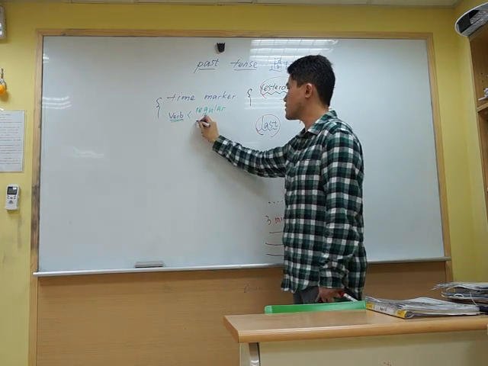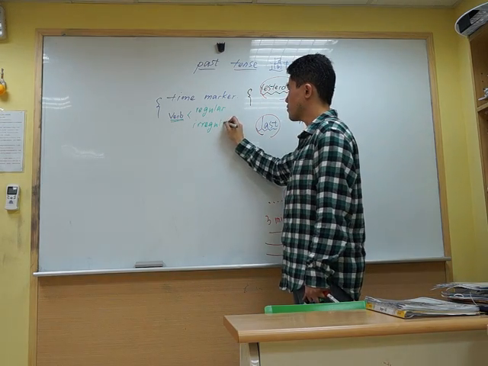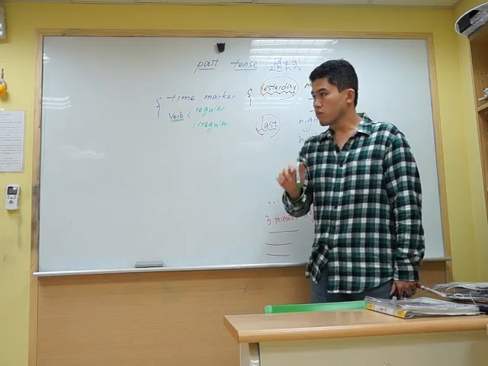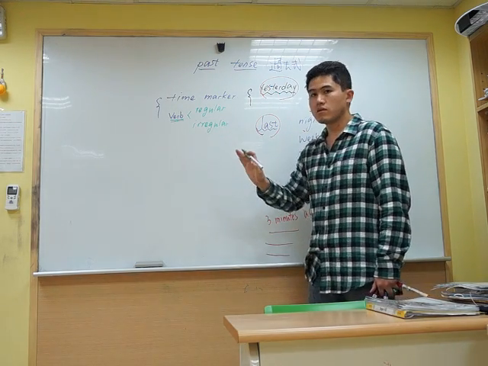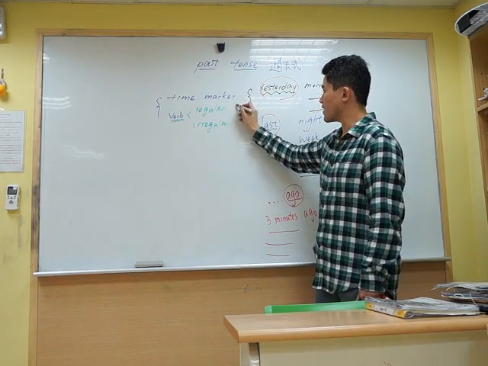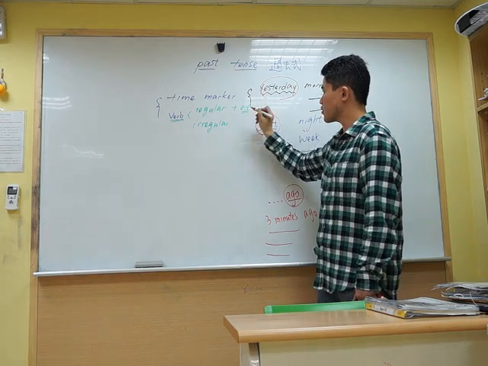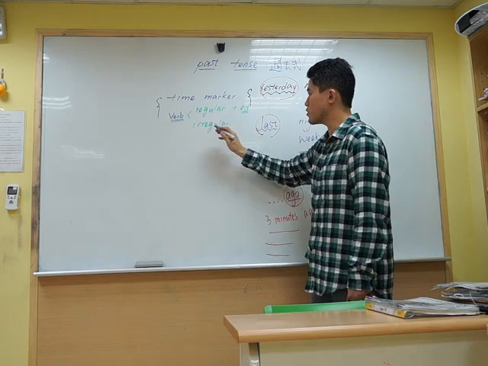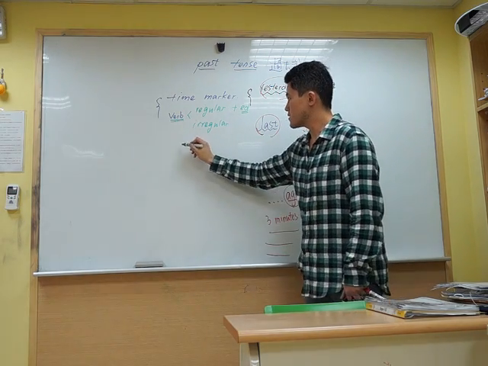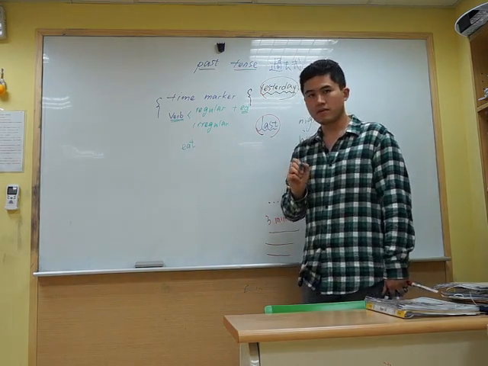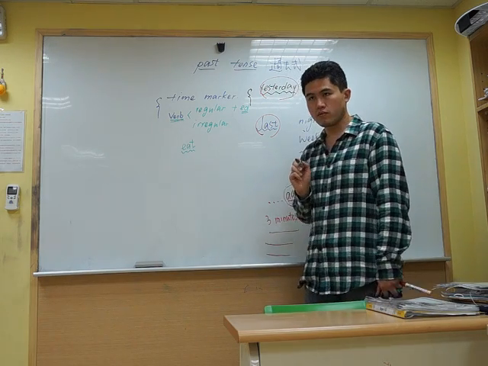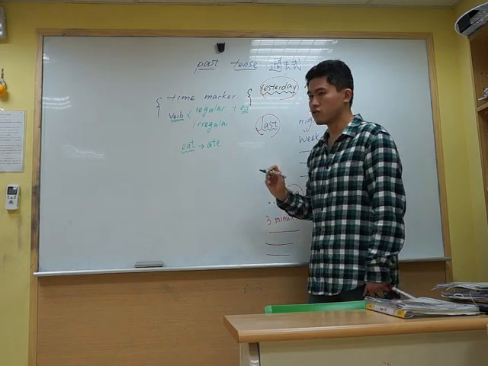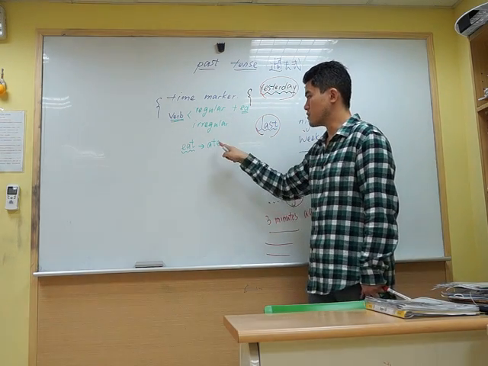The other one is irregular, 不规则动词。过去式动词变化分两种，一种是规则，一种是不规则。Regular verbs we add ed at the end. 规则动词加 ed. Irregular verbs we change them completely, such as the word eat. This is the base verb, 原形动词. The past tense of eat is ate. So in past tense, I use ate.